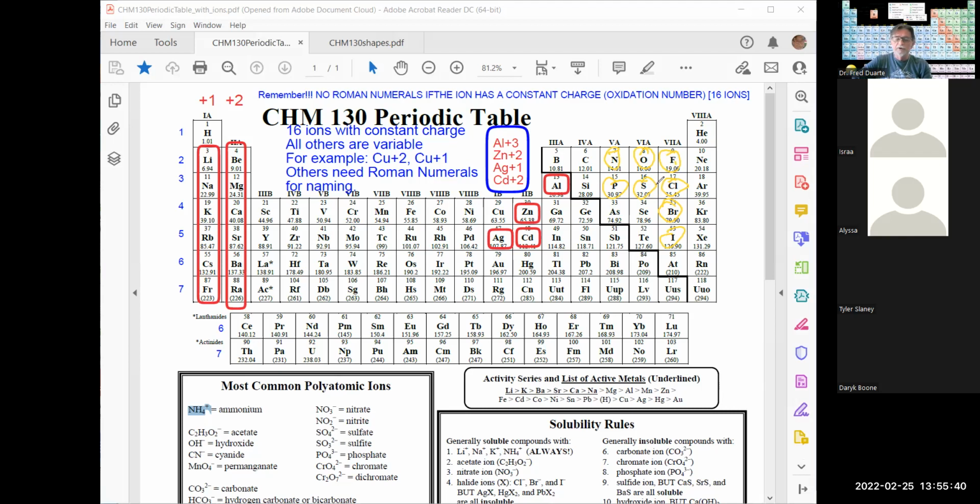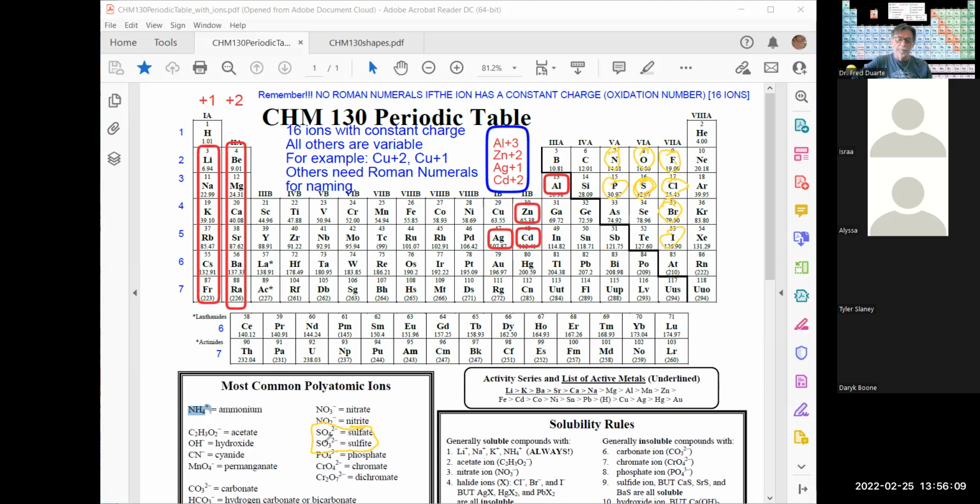Notice what happens here with the sulfur, sulfide. Now, by itself, just sulfur is called sulfide. But if we combine it with oxygen, for example, what I've written here in the polyatomic ions, you have sulfate, A-T-E, where you have sulfur bonded with 4 oxygens, and then it has a -2 charge.